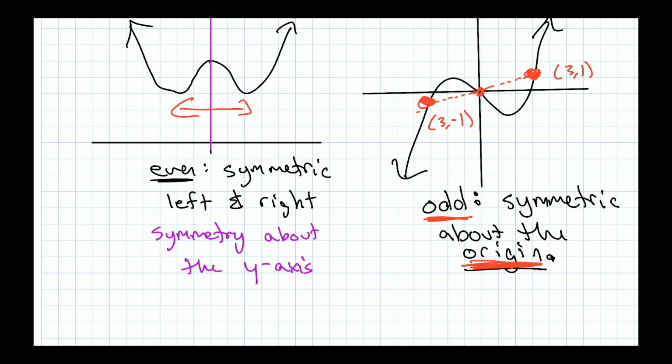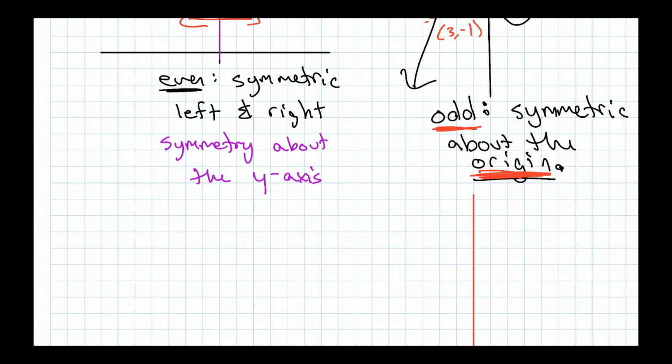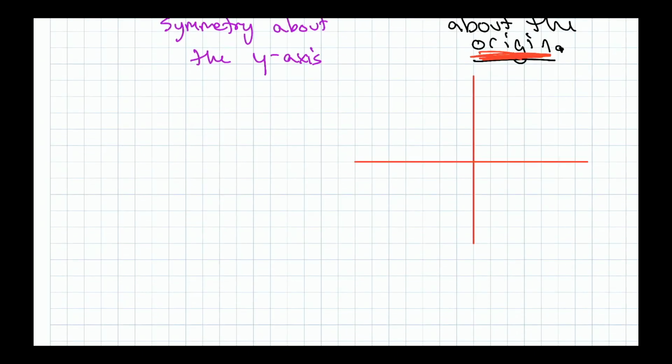There's another way to think about an odd function. Let's say we start with a piece over here, like that, right? Now, if you reflected it horizontally, you would have a graph like this, right? And that would be an even function.